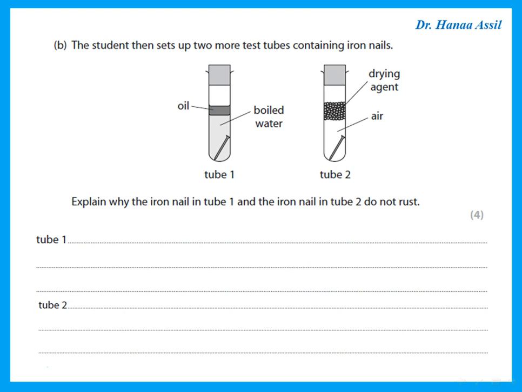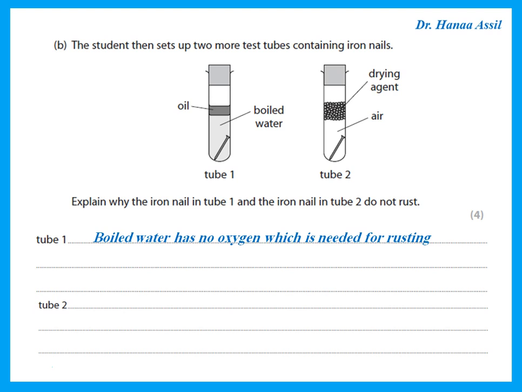Of course, the one in tube 1 doesn't have what? It has water, but the boiled water means that the oxygen that was dissolved in the water has been removed, and the coating of oil prevents any more oxygen dissolving, and that means tube 1 has no oxygen. So the boiled water has no oxygen, and this is needed for rusting.